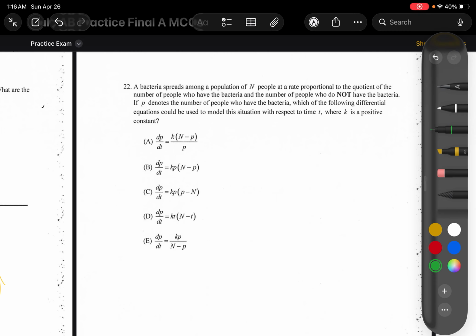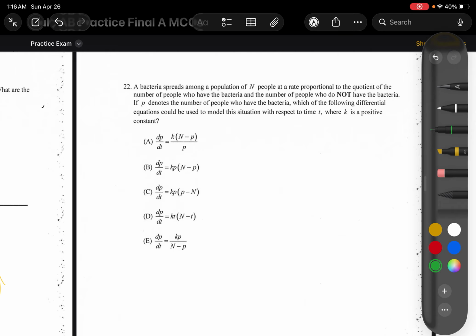If P denotes the number of people who have the bacteria, which of the following differential equations can be used to model this situation with respect to time t, where k is a positive constant?